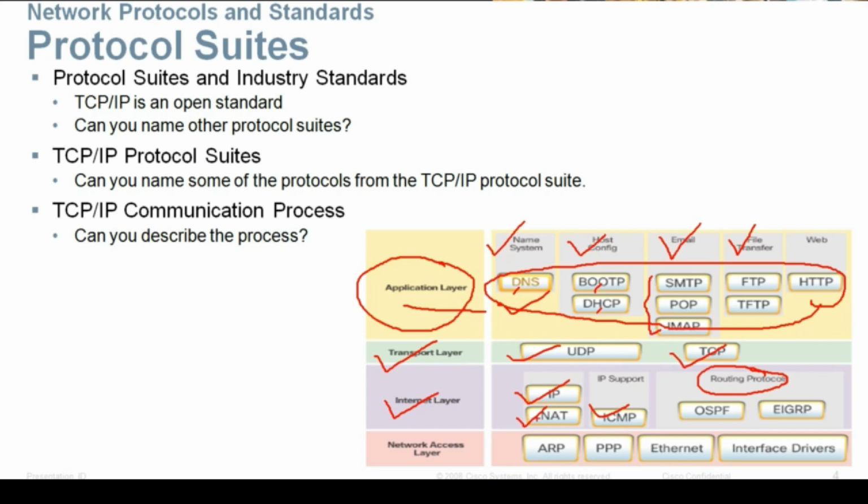All these protocols are part of the network layer or internet layer. And last is the network access layer, which is majorly the data link layer, and the physical layer. Here you have the ARP protocol, Point-to-Point Protocol, Ethernet protocol, and interface drivers. These are the protocols we use in the data link layer or physical layer.